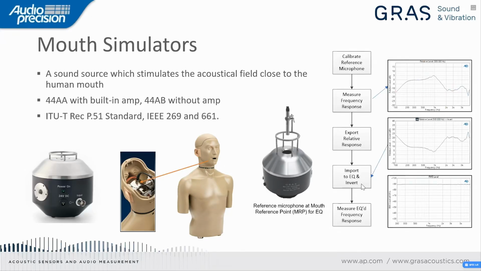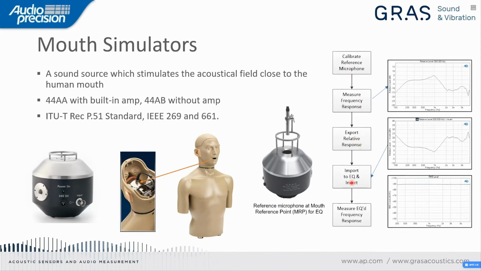The good thing is that the mouth simulator can be quickly equalized with software like the one provided by Audio Precision, using the following process. First of all, we measure the frequency response, and then we export this relative frequency response.